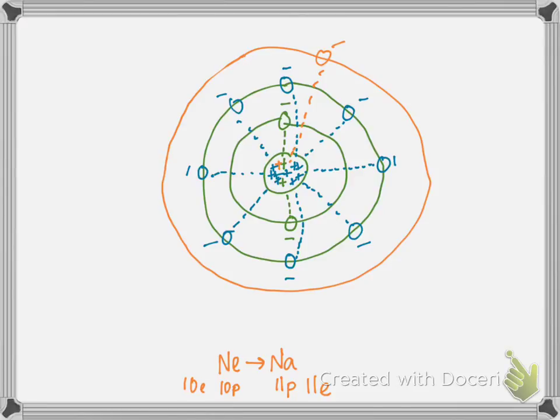Is my orange attraction as strong as my green attraction, or my blue attraction? No. So not only do I have things in the way here, but it's just so much further away.